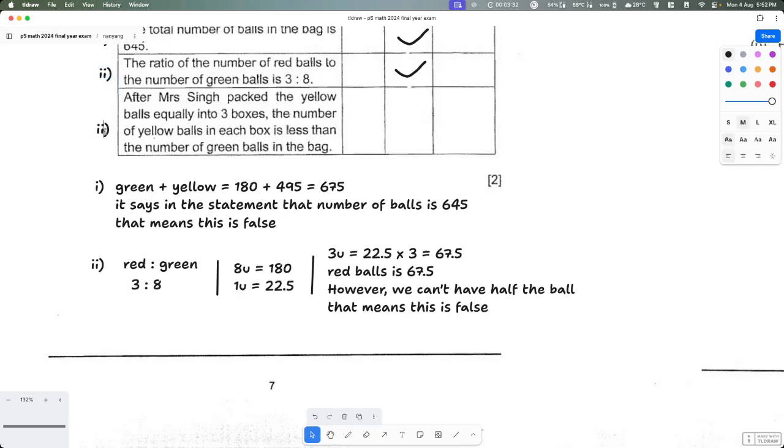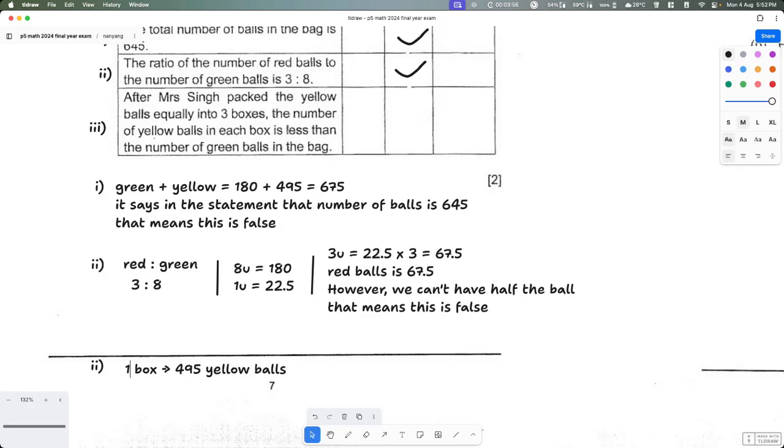Part 3 says, after Mr. Singh packed the yellow balls into 3 equal boxes. So one box is equal to 495 yellow balls.